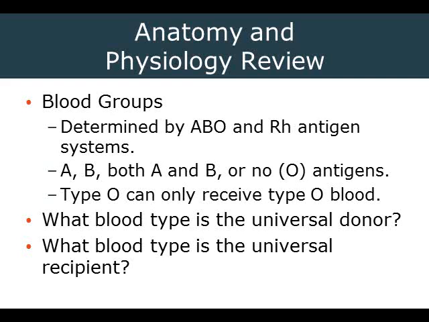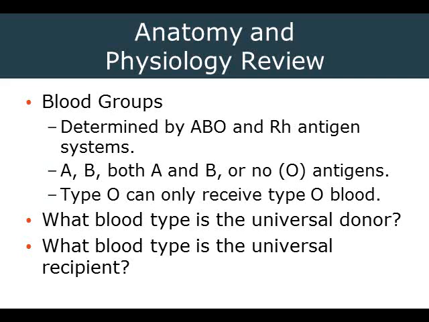All right, so A, B, both A and B, and no antigens, or O, can be on somebody's blood. If you want to look at page 656 in your text, say you're type A blood, your surface antigen is A, so your body will fight B. It creates anti-B antibodies. So if B blood is introduced, your body will attack it and start to destroy it.